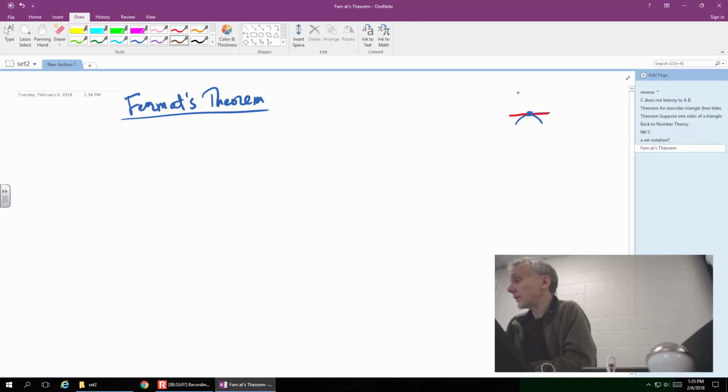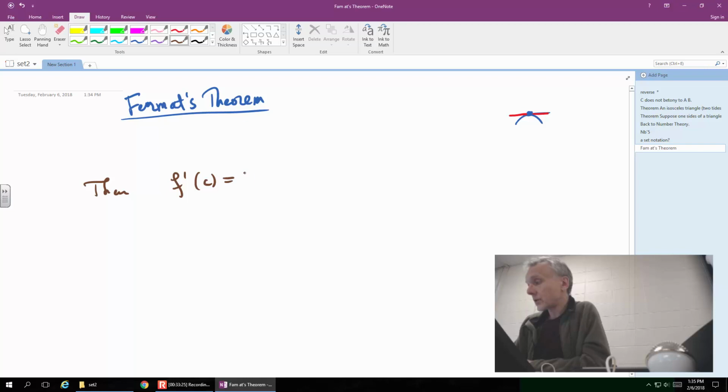So informally speaking, if you have a local maximum or minimum, then the tangent is horizontal, but it's really in terms of derivative, because tangent horizontal means the derivative is equal to 0. So the conclusion is f prime of c is equal to 0, and then, as always, we have a problem with the caveats. This is the punchline.